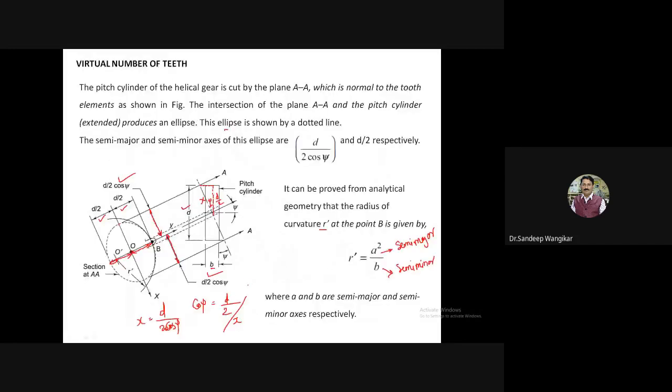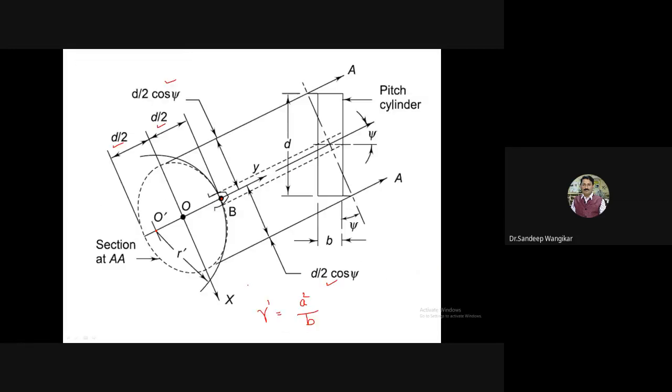So before proceeding further, give the heading virtual number of teeth. So draw this diagram, and here you can write in this diagram only.